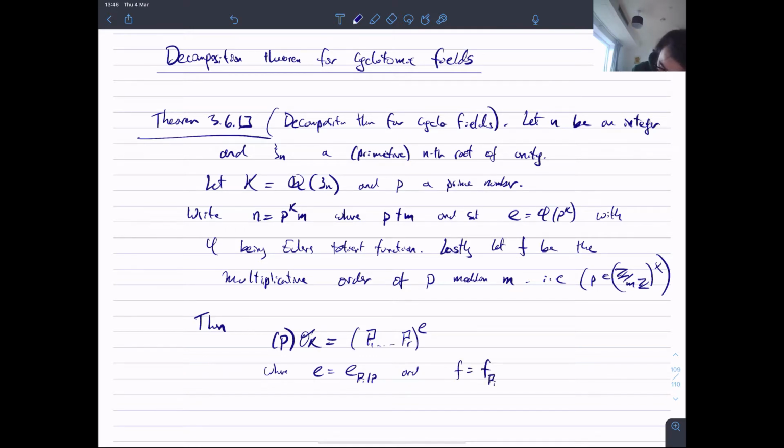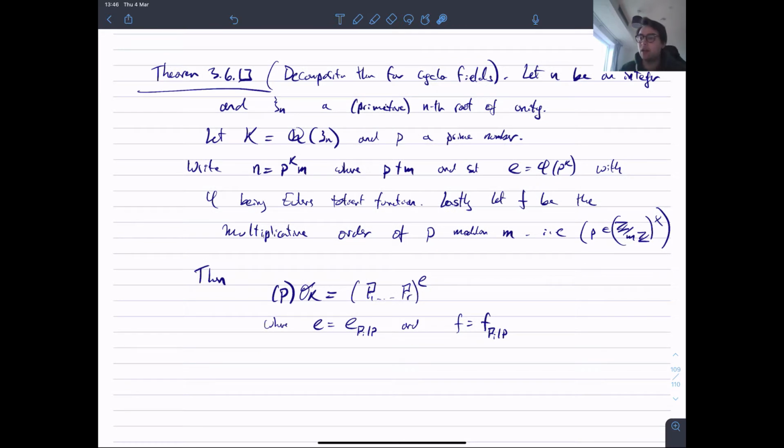We saw before that in a cyclotomic field, the ramification degree was always the same for all the primes, and they all had the same residue degree, because we knew this field was normal.